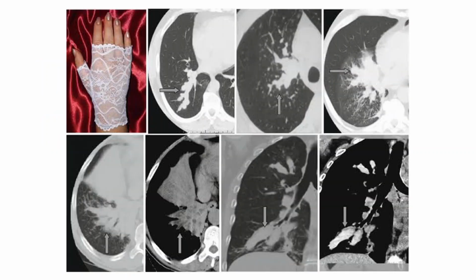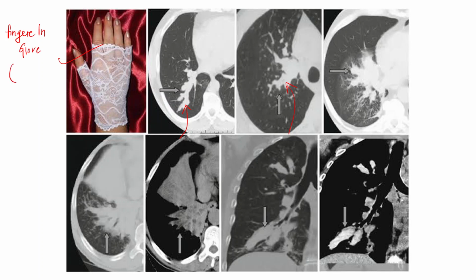Coming to the radiological findings, because of the massive mucus production, this mucus will cause bronchial clogging, as I have already told. As you can see here, this is the bronchial clogging by the mucus. All the images are showing the same thing. This is described as finger in glove appearance.